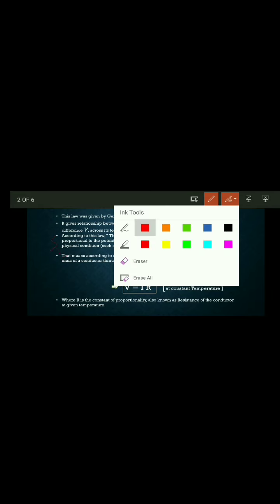You can see from here the definition of Ohm's law. What Ohm's law says, according to this law, the electric current flowing through a conductor is directly proportional to the potential difference applied across its ends.